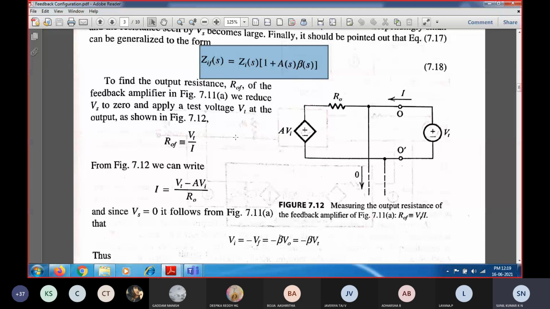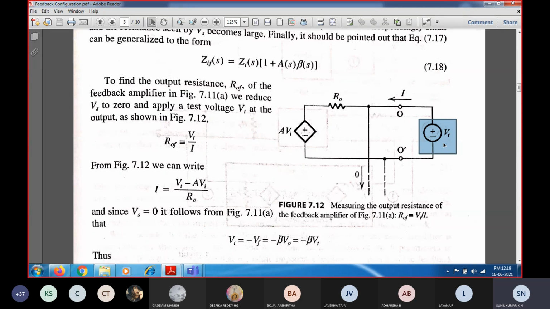So I make Vs equal to 0. Obviously, the input side of the amplifier is made 0, and we are left with A times Vi, and the feedback network will also be there. Why will the feedback network be there? Because for the feedback network we consider the output voltage, which is the test voltage that is connected. Since the test voltage is present, the feedback network cannot be removed.